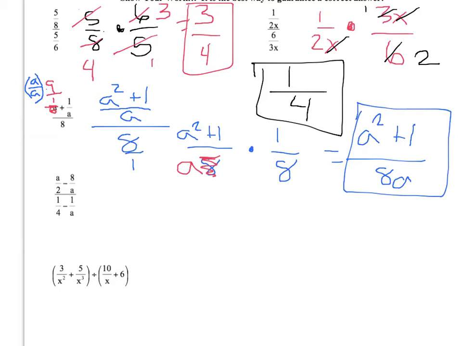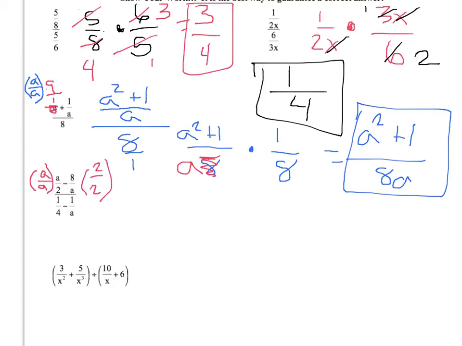Looking at our next piece, we have to do both steps 1 and 2 because we do not have one fraction in the numerator and we don't have one fraction in the denominator. So if I look at the numerator first, the common denominator there is going to be 2 times a. So the first one needs an a. The second one needs a 2.